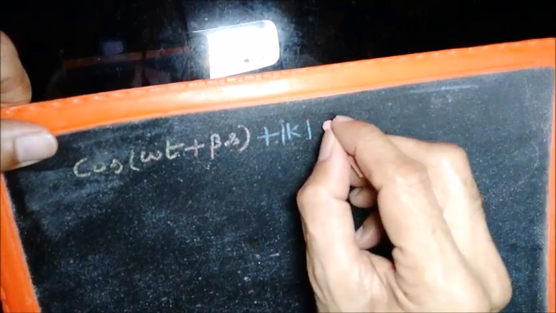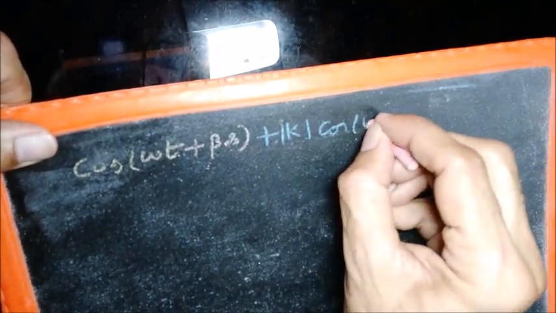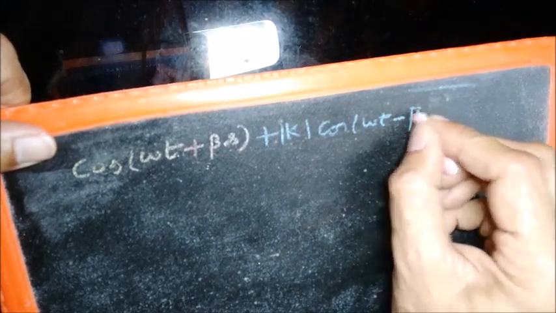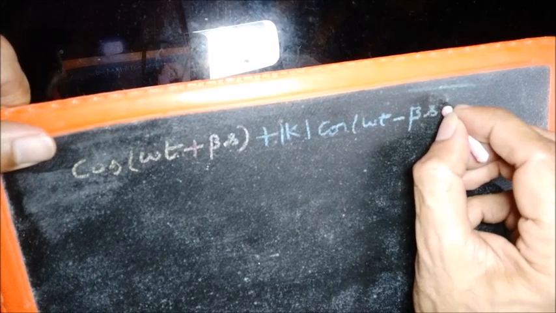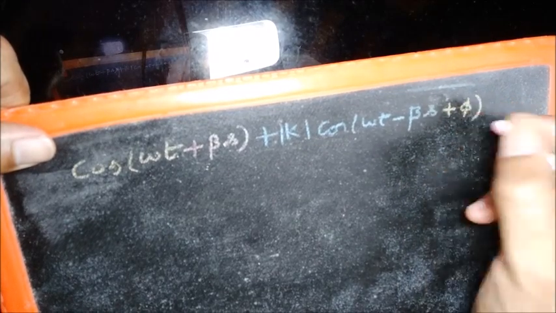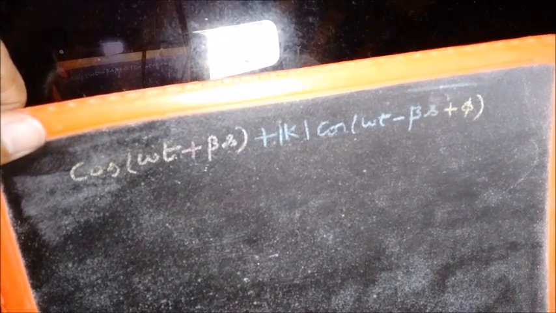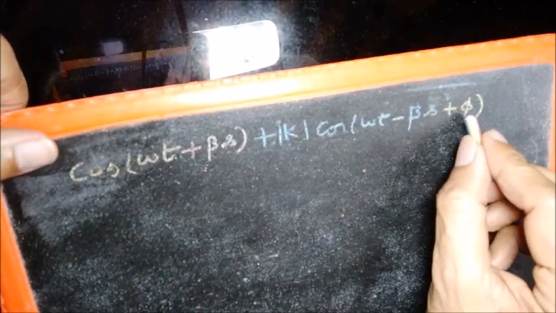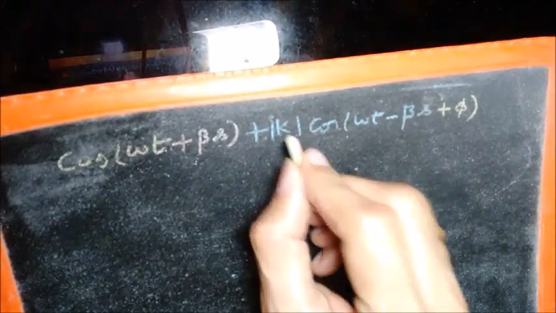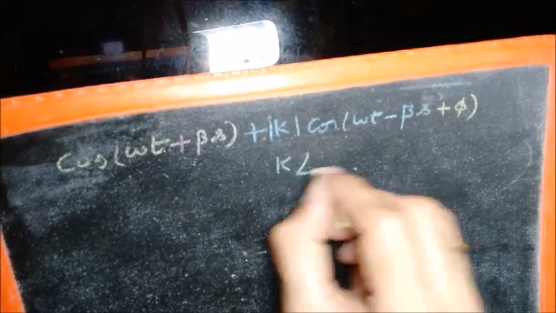So cos omega t plus beta s propagates towards the load, plus the magnitude of the reflection coefficient times cos omega t minus beta s plus phi. Here, this phi is the phase component of the reflection coefficient. Remember, the reflection coefficient is this.